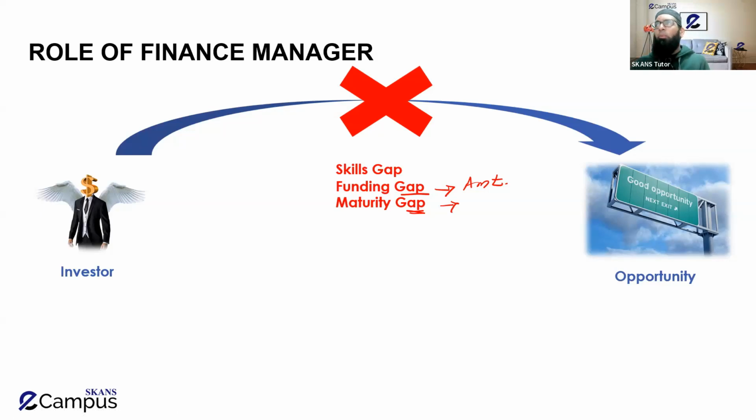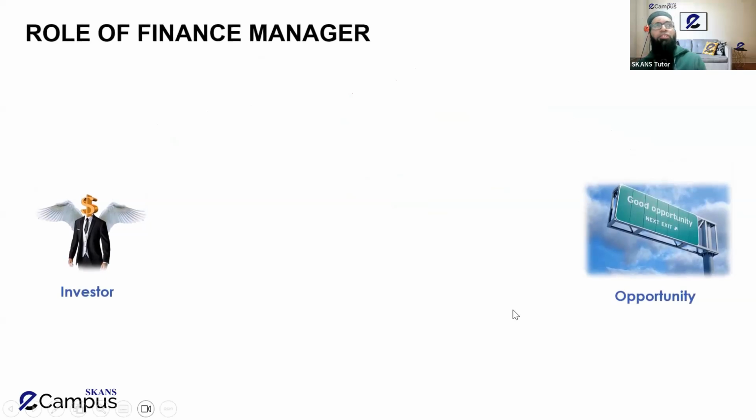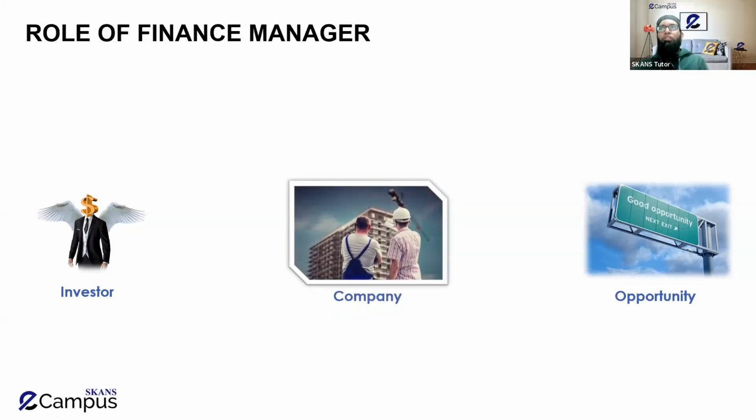Now, these were the problems. Now, let's talk about the solution. What is the solution for it? A solution involves a company that will utilize various skills, bring together diverse investors to address funding shortfalls, and also manage the maturity gap.